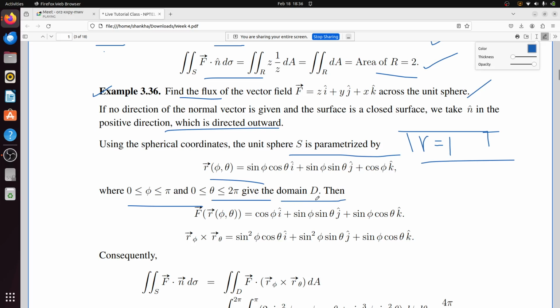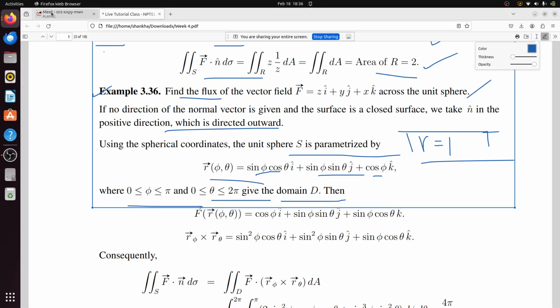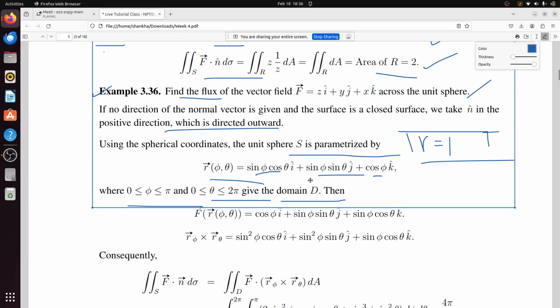Now you know your x coordinate, your y coordinate, and your z coordinate. What is your z?